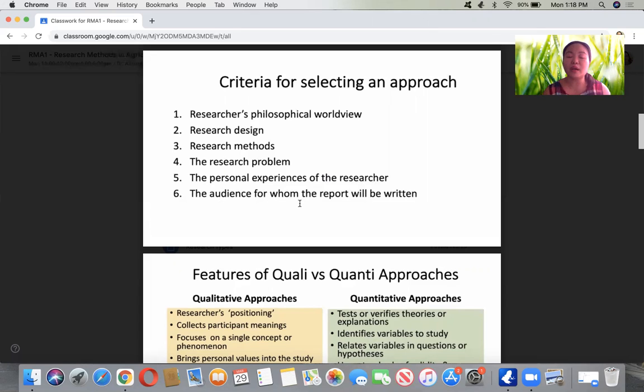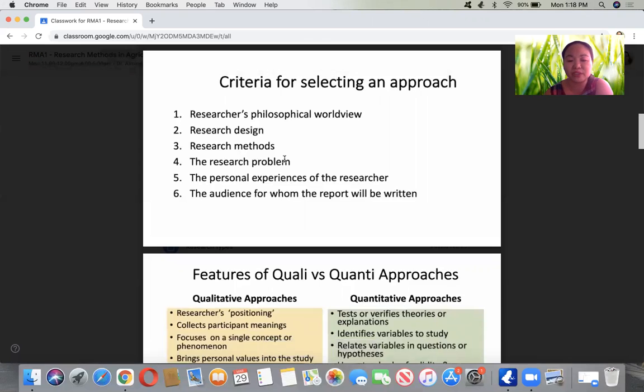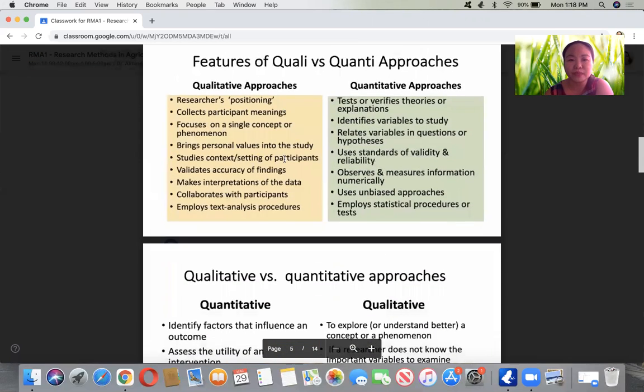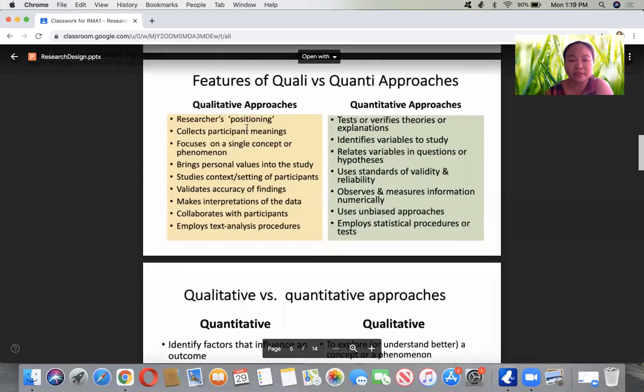If you're an agriculturist, for instance, and you are up to experimental types of research, these are the criteria or considerations that you're going to consider. There are features of the qualitative and the quantitative approaches.